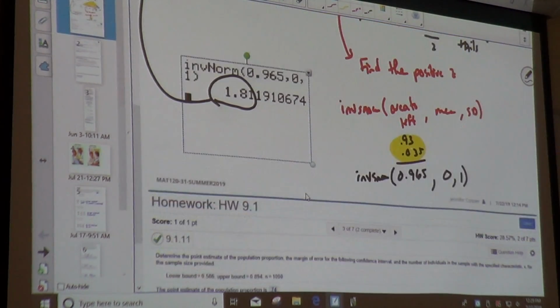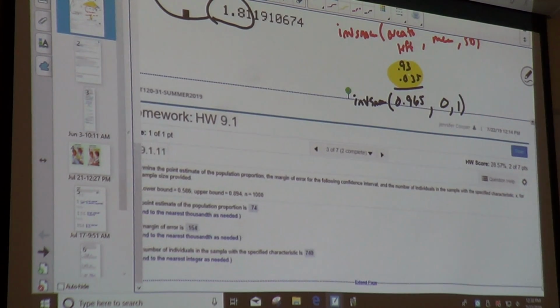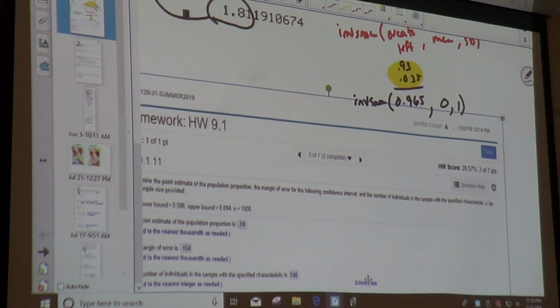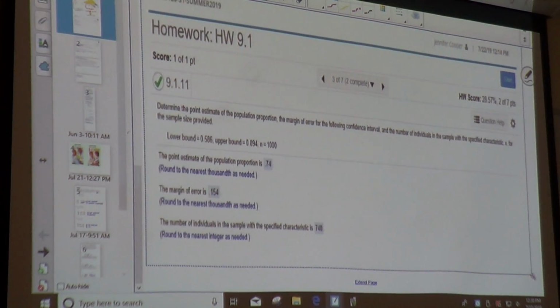All right, the next one is 9.1 homework number 3. They didn't get very far. This one's actually not that hard. The point estimate of population, that is your p-hat.